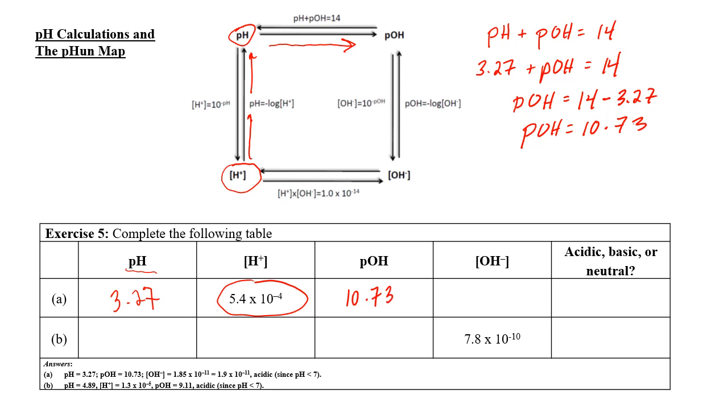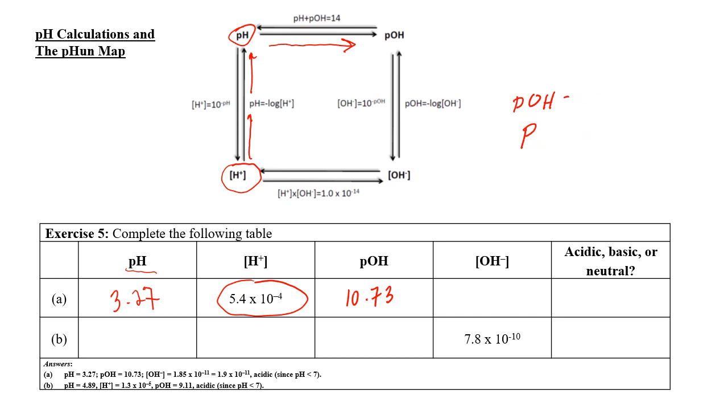Okay, so we just have to find the hydroxide ion concentration. In order to find the hydroxide ion concentration, we can use the pOH that we just found. So now we know the pOH, and we want to find the hydroxide. All right, you're going to stay in the right-hand lane, and we're going to use the following equation. The hydroxide ion concentration is equal to 10 to the minus pOH. So we know the pOH.